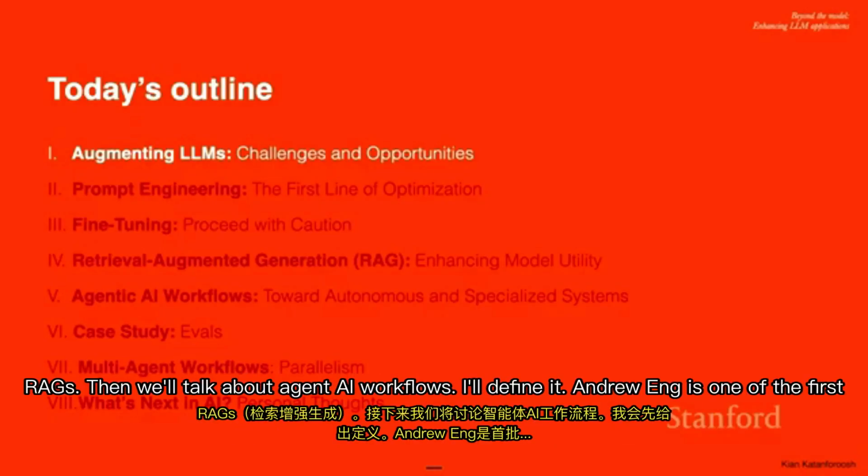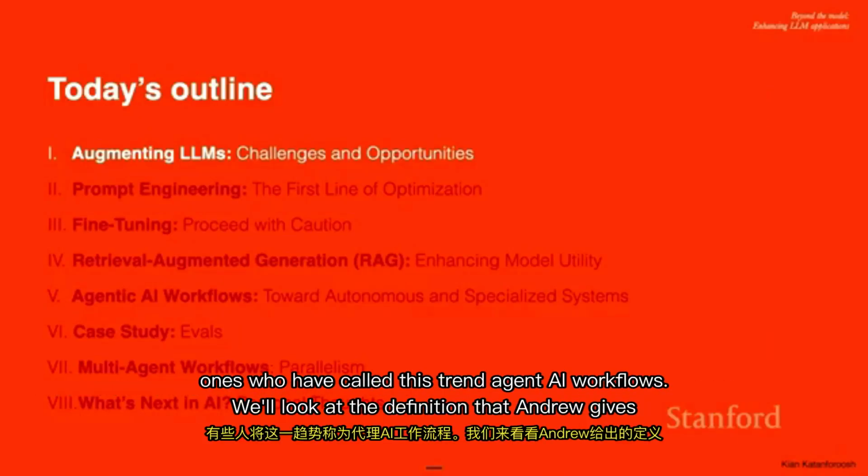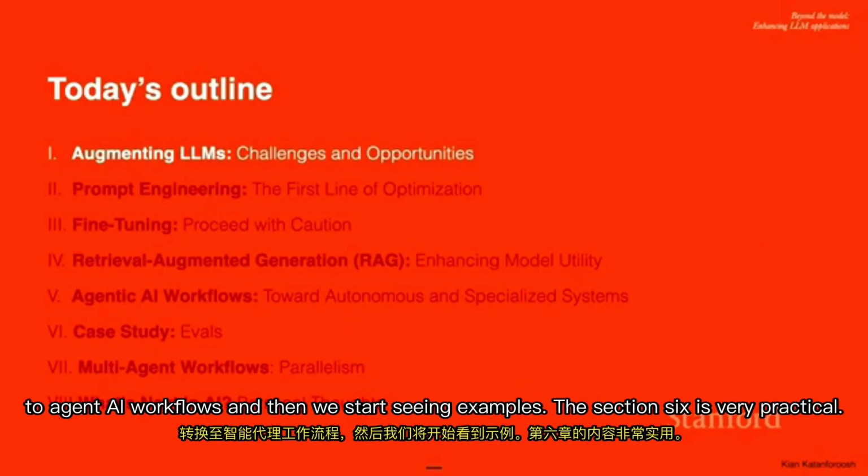RAGs. And then we'll talk about agentic AI workflows. I'll define it. Andrew Ng is one of the first ones who have called this trend agentic AI workflows. And so we'll look at the definition that Andrew gives to agentic workflows, and then we'll start seeing examples. Section 6 is very practical.